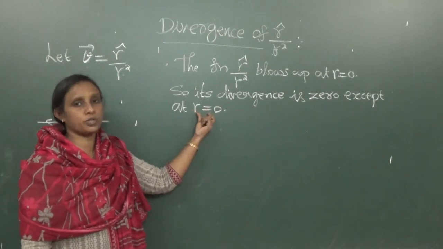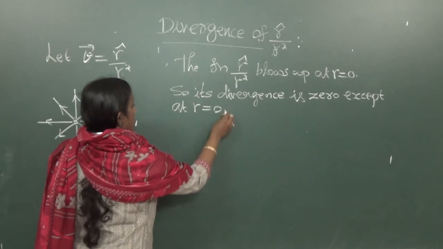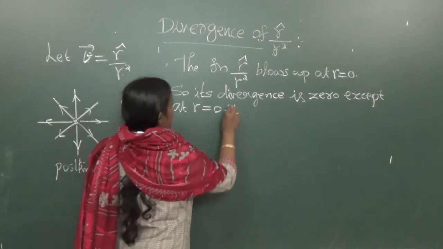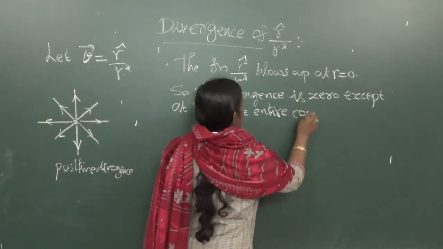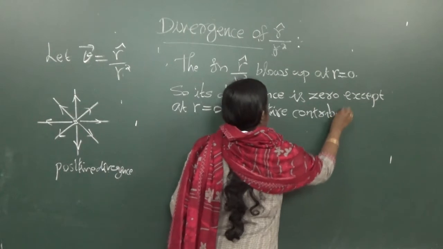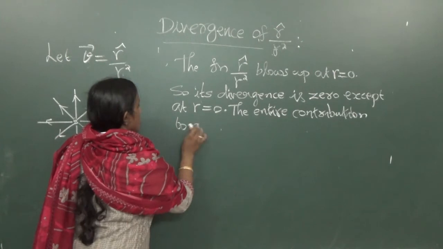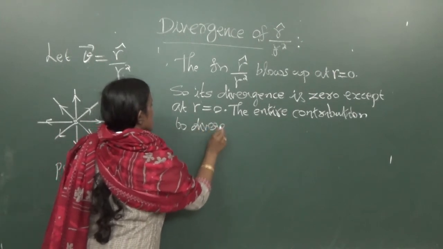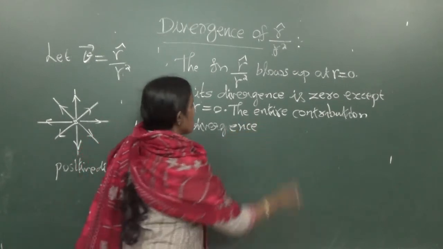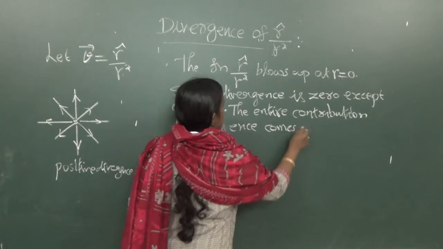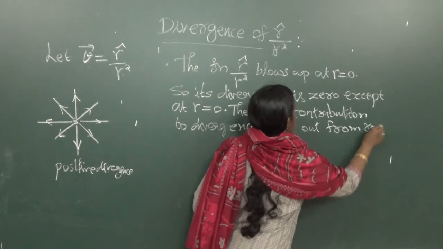At this r equal to 0, it has a definite value. Okay? The entire contribution to divergence comes out from r equal to 0.